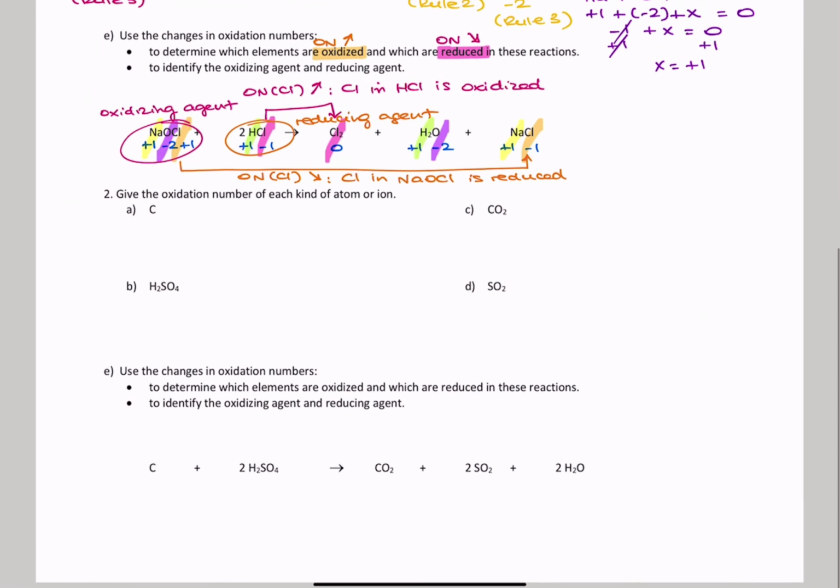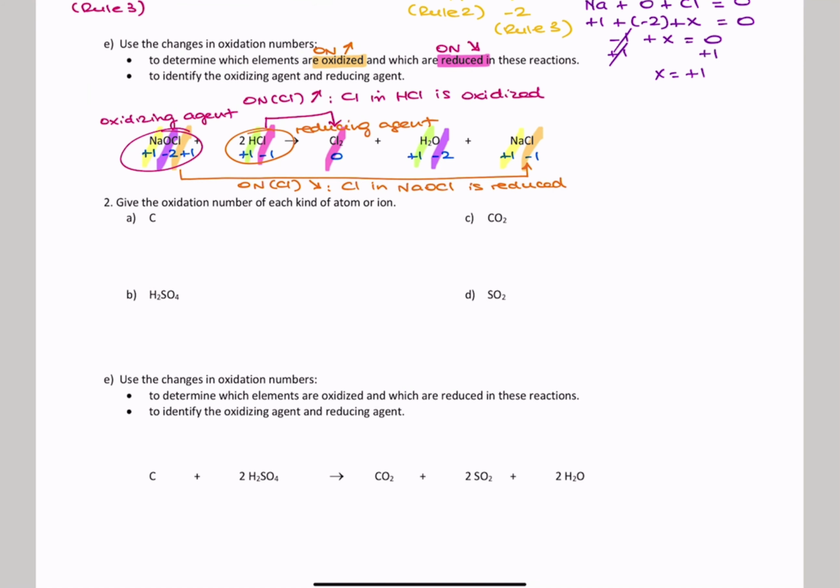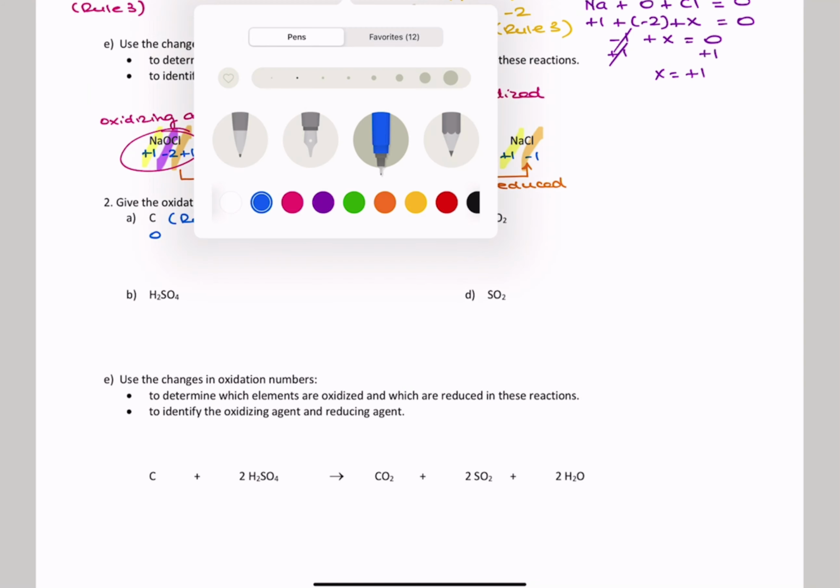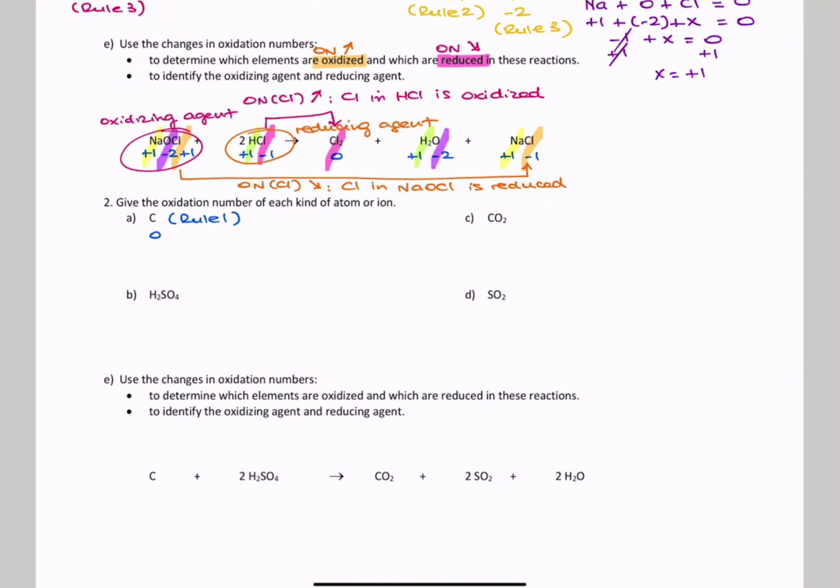We can keep going with problem 2. Give the oxidation number of each kind of ion or atom. Carbon here is elemental. We're going to use rule 1, therefore oxidation number 0. Sulfuric acid, H2SO4. So how do we do this one? It's not elemental. It's not ionic.